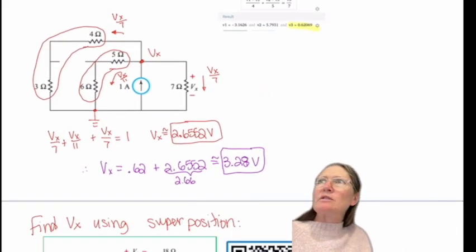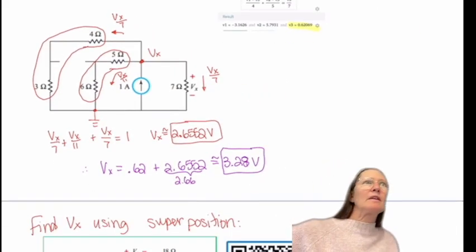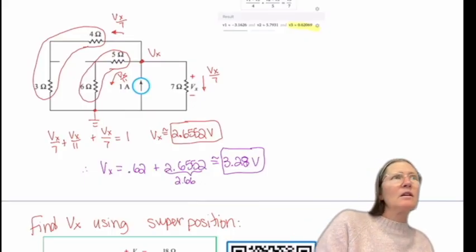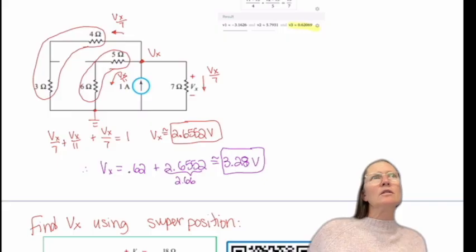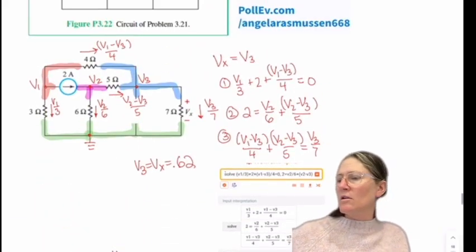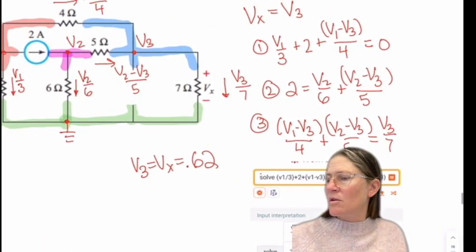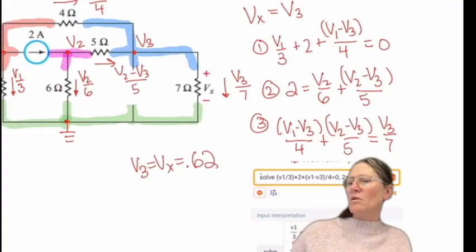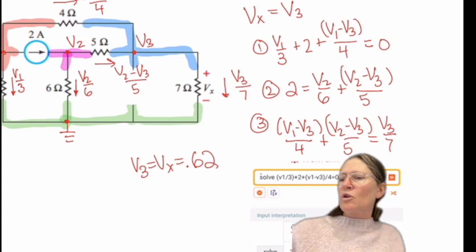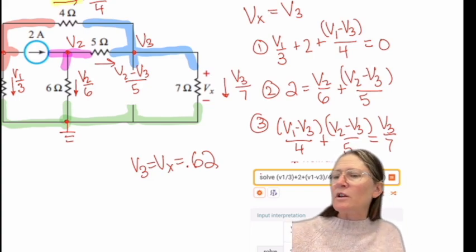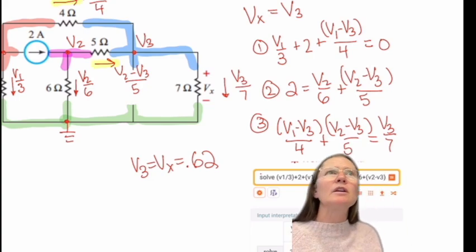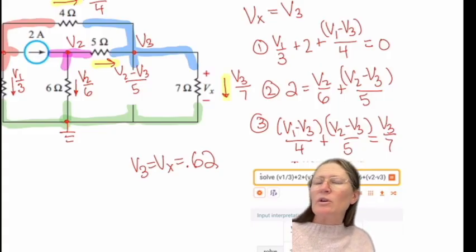All right, questions about this one? Yes. In the first graph you did, why was it equals V3 over 7 and not plus V3 over 7 equals 0? So that was just because of the way I defined it, these two go in, and this one goes out.